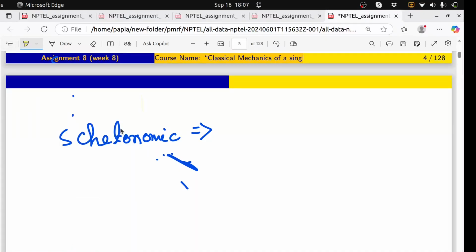Just a minute, please. Okay, fine. Sorry for this interruption, but I could not understand why the pointer is not showing here.